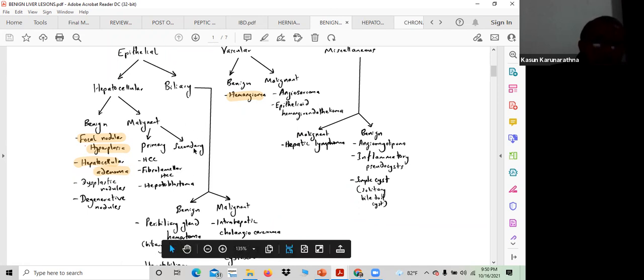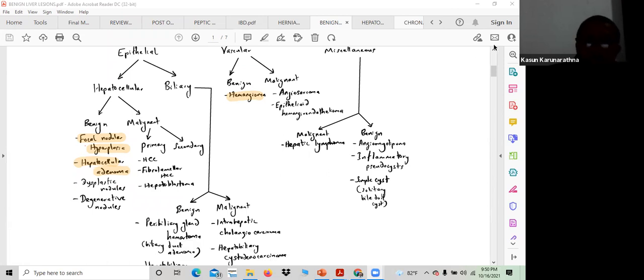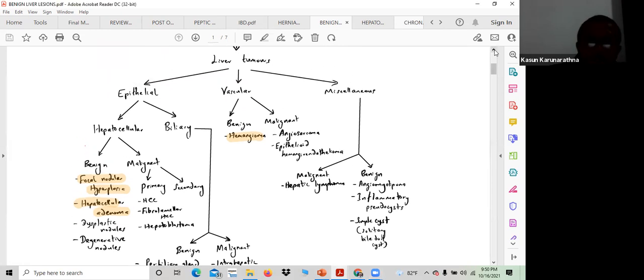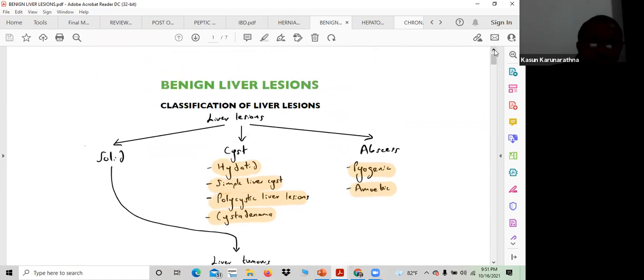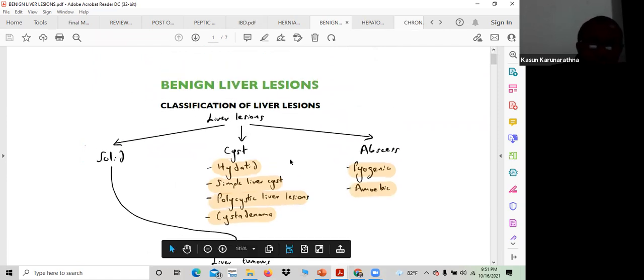Or it can be a secondary lesion due to metastasis, right? And vascular and miscellaneous we went through. Those are solid liver lesions.